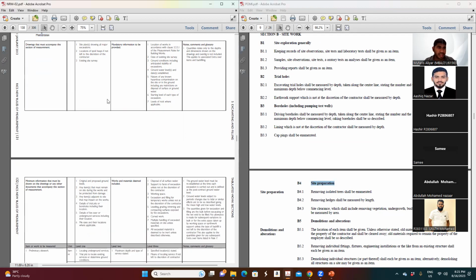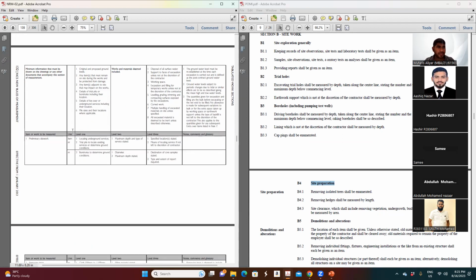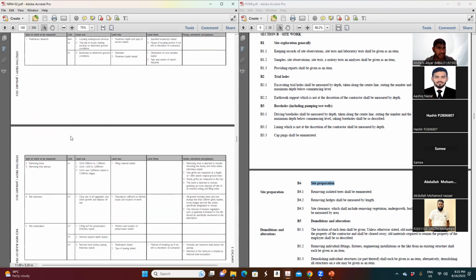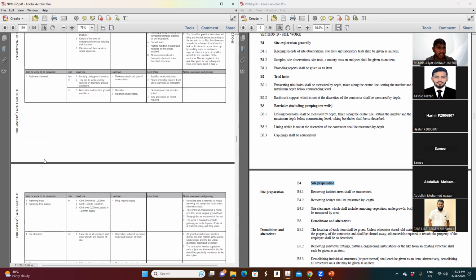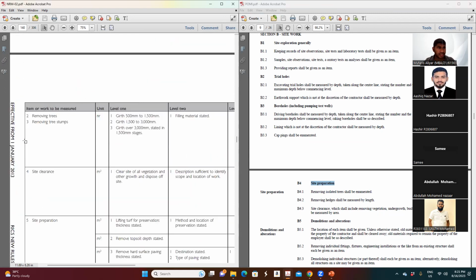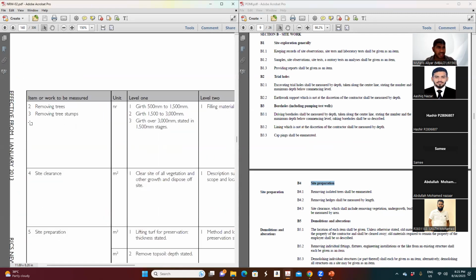Then they are mentioning it. For example, you just need to have an idea. Under the site clearance, they said removal of trees, and removing tree stumps. Removal of the tree, then removal of the stumps below the ground.